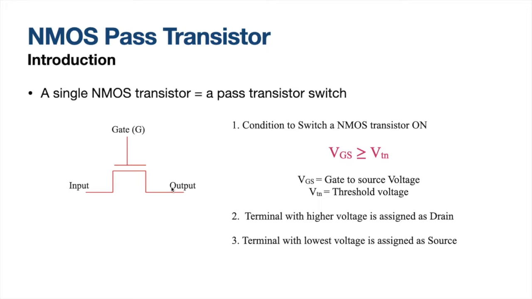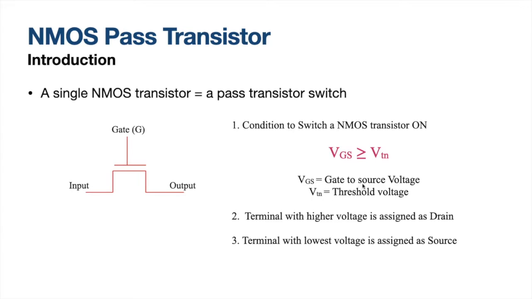So, if you want to learn about NMOS pass transistor, we have to remember three different conditions. First one, this is an NMOS transistor. If you want to switch on the NMOS transistor, then VGS must be greater than or equal to VTN. We have to remember this equation. What is VGS? VGS is nothing but the voltage between your gate and source.